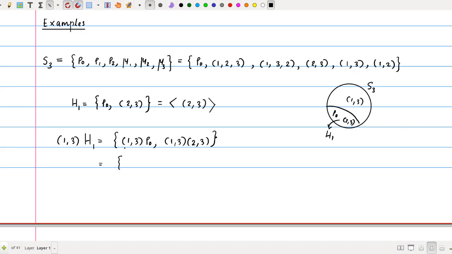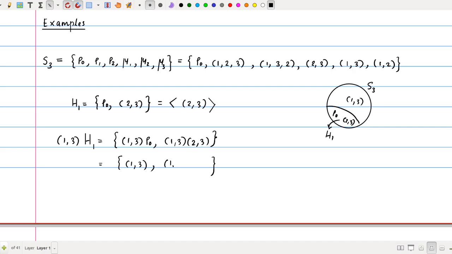So (1, 3) is always a member of this coset, because (1, 3) times rho 0 is always (1, 3). And what is (1, 3) times (2, 3)? How will you evaluate this? First we have to find the image of 1. Image of 1 is fixed in the second component, and then 1 is mapped to 3.